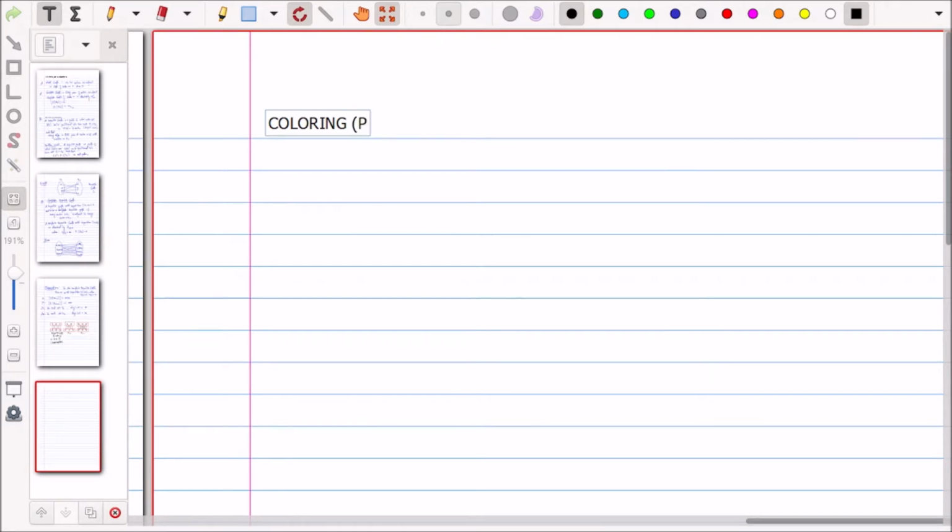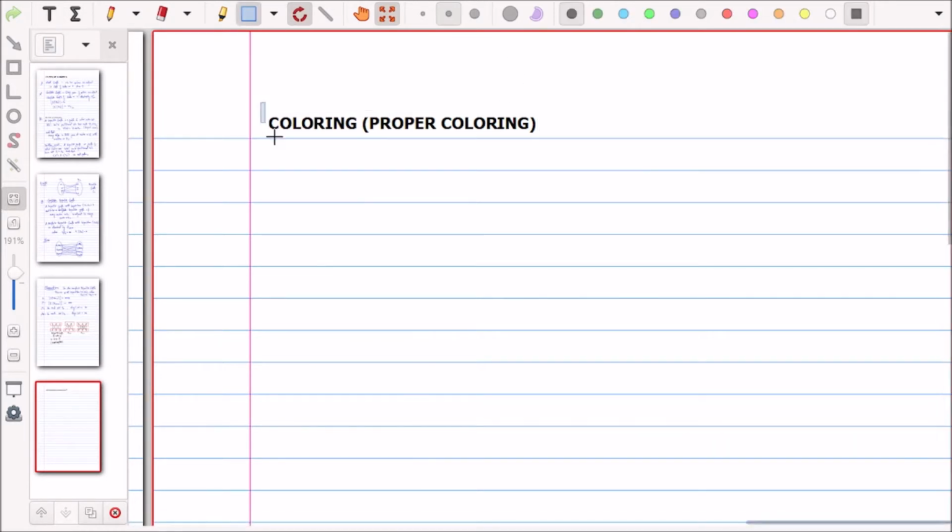Coloring, or it is also called proper coloring. So let us just define this.